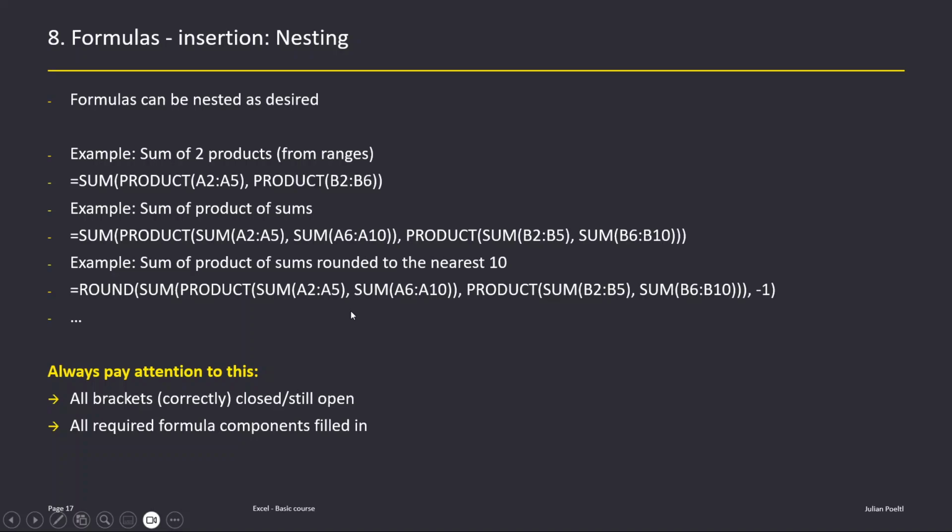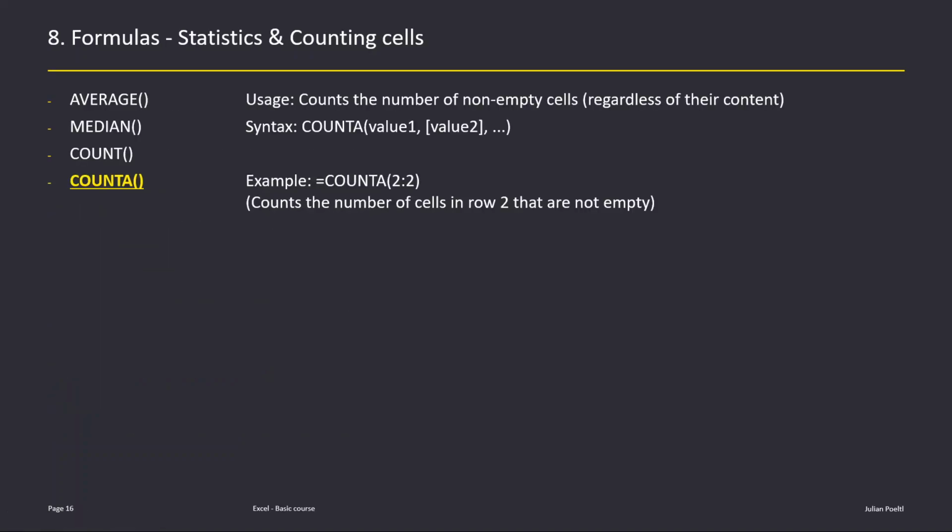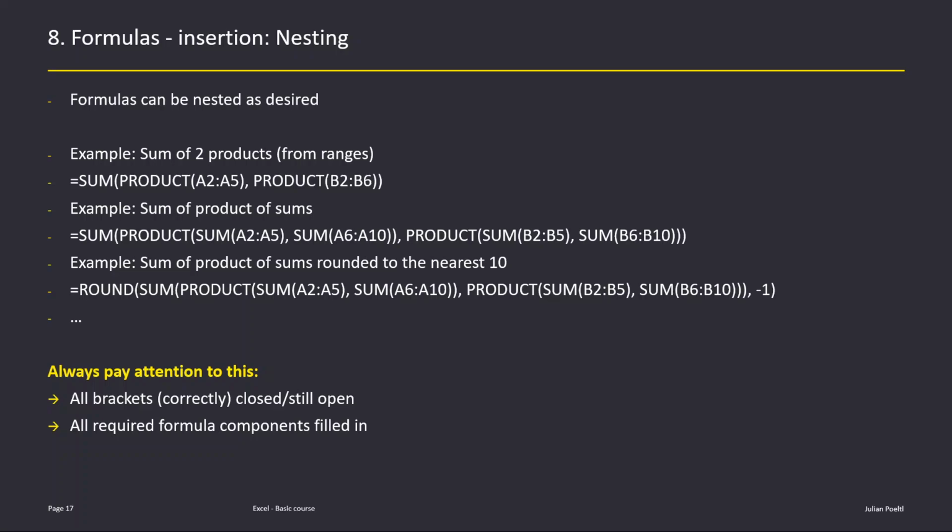The formulas are not that complicated. But what can be complicated, and what makes Excel so powerful, is the so-called nesting. Formulas can be nested as you wish, basically. For example, you can sum up the sum of two products. There you only write the sum function down, take the product as an argument for the sum function, and then it gives you this as a result.